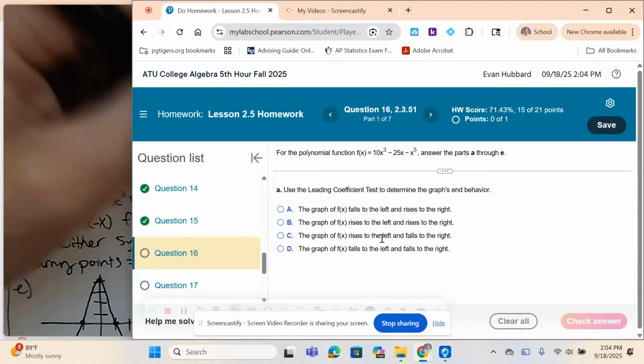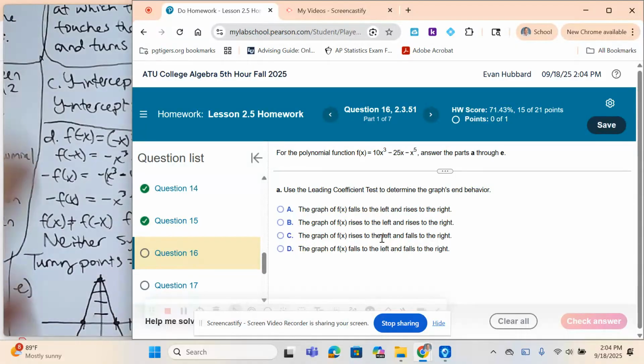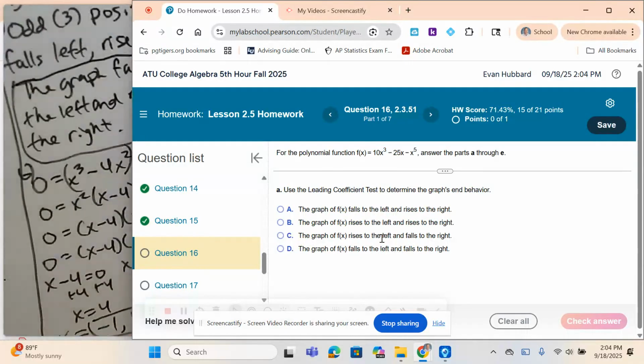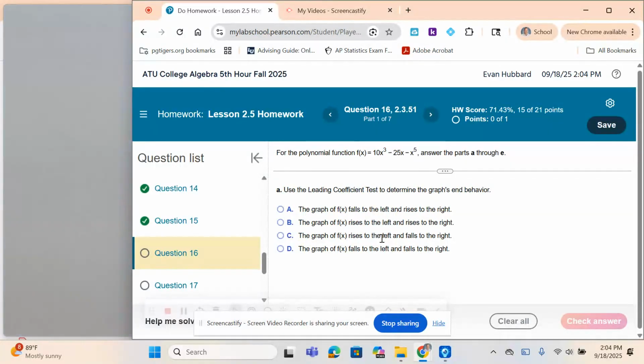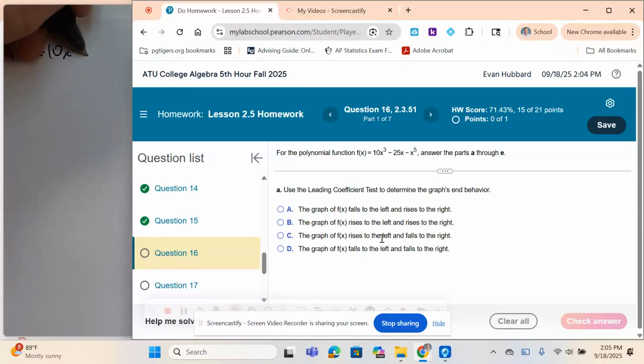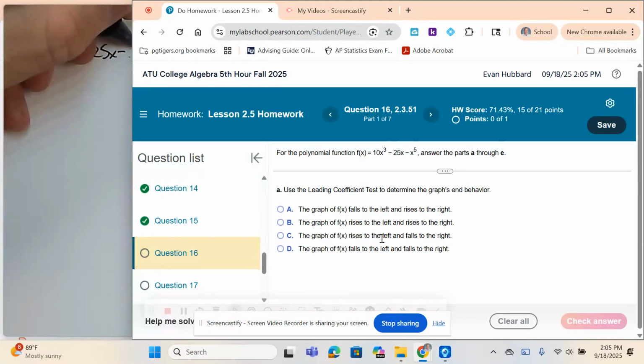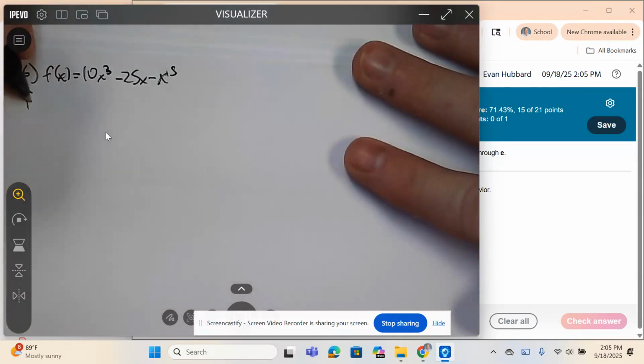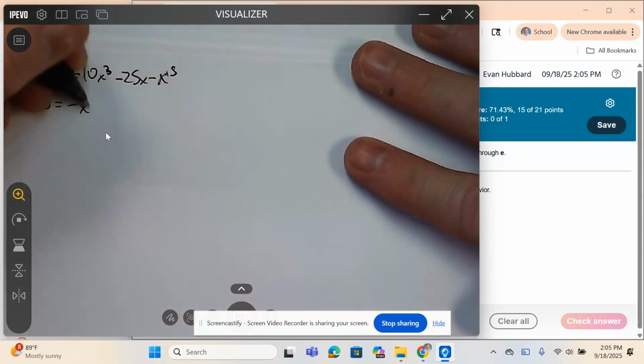All right. So now let's look at the next one. 16, use the leading coefficient test to do its end behavior. So we've got f of x equals 10x cubed minus 25x minus x to the fifth. So I'm going to rearrange this and put negative x to the fifth first.